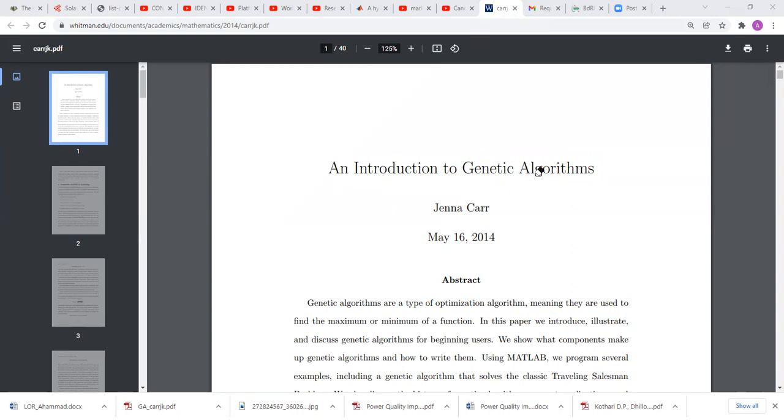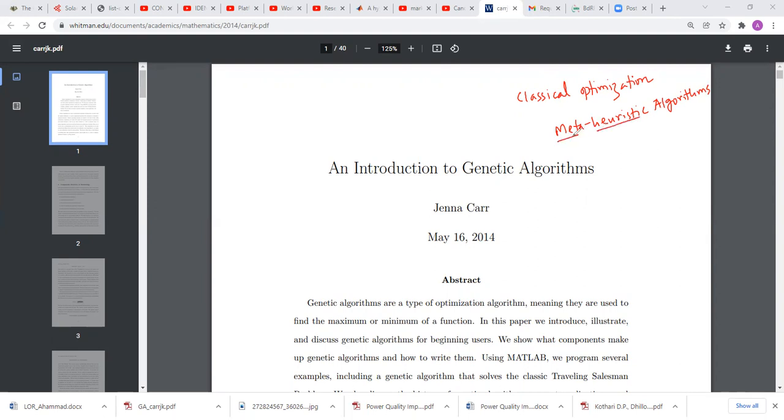So okay, this is basically not among the class of the classical optimization tools. Rather, it falls into the category of meta heuristic algorithms, where basically there are two terms.